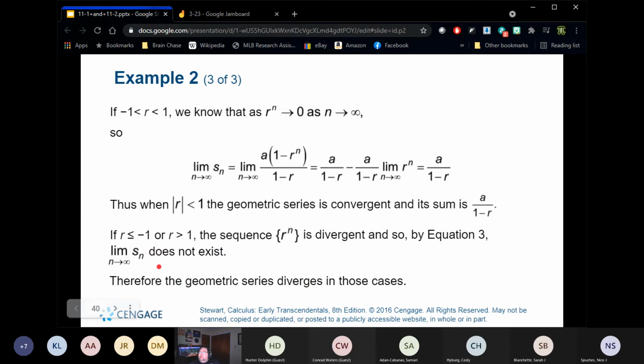So the series diverges in those cases. If r is between -1 and 1, it converges, and its sum is always going to be a over 1 minus r. That's what it's going to converge to. If r is less than -1 or greater than 1, then it's divergent and the sum doesn't exist.